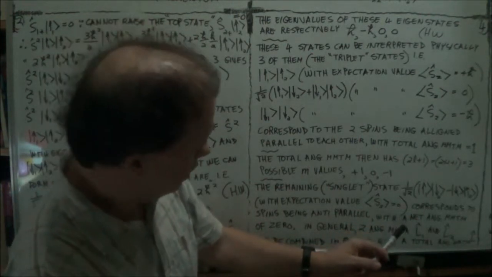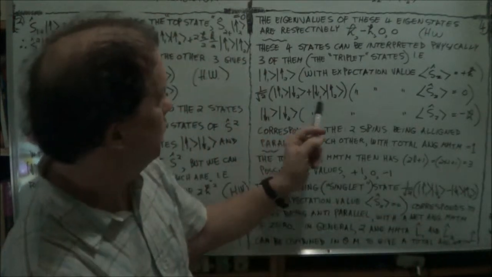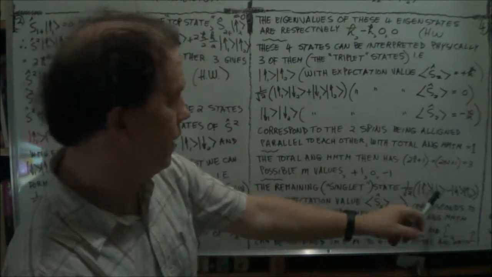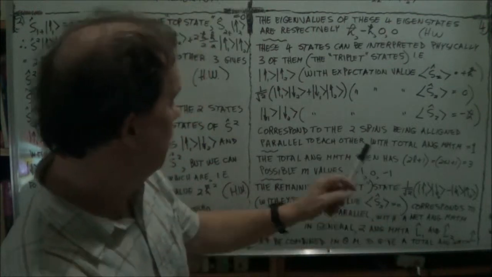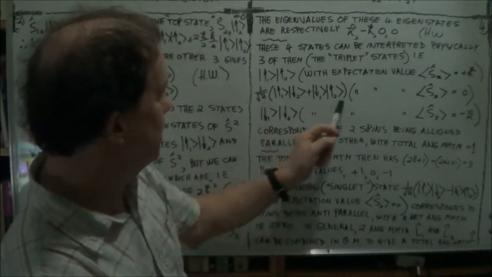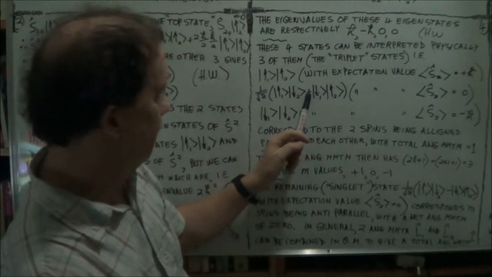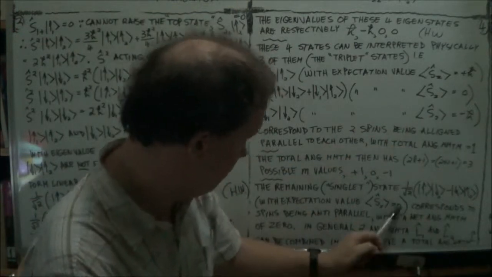Why is that? It's similar logic to here. You'll get 2 pluses and 2 minuses, and they cancel. So the expectation value is 0. When you have these sort of mixed terms, this superposition, the expectation value is 0.